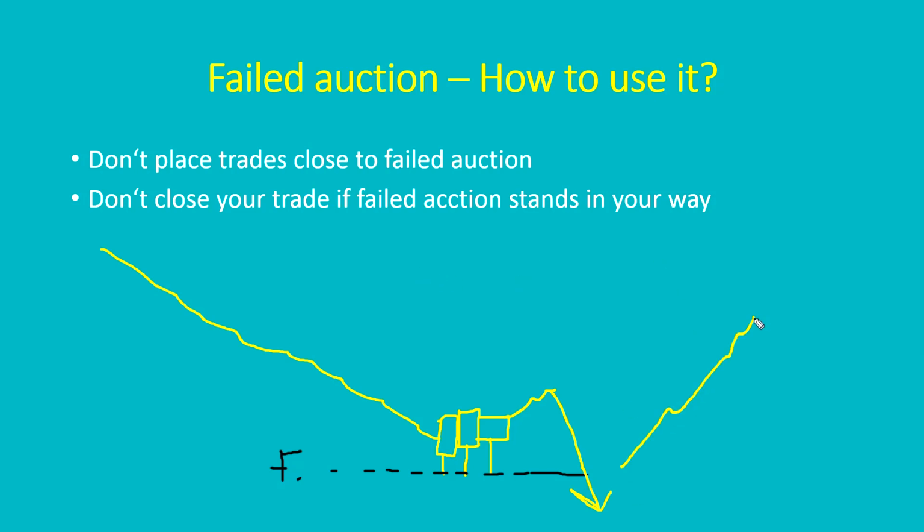So if there's an uptrend, then there is a failed auction at the top, little pullback, then don't quit your position there because of the pullback. It's very likely that the failed auction will get tested, that the price will go above it. So hold on to your trade and wait until it tests above this failed auction.